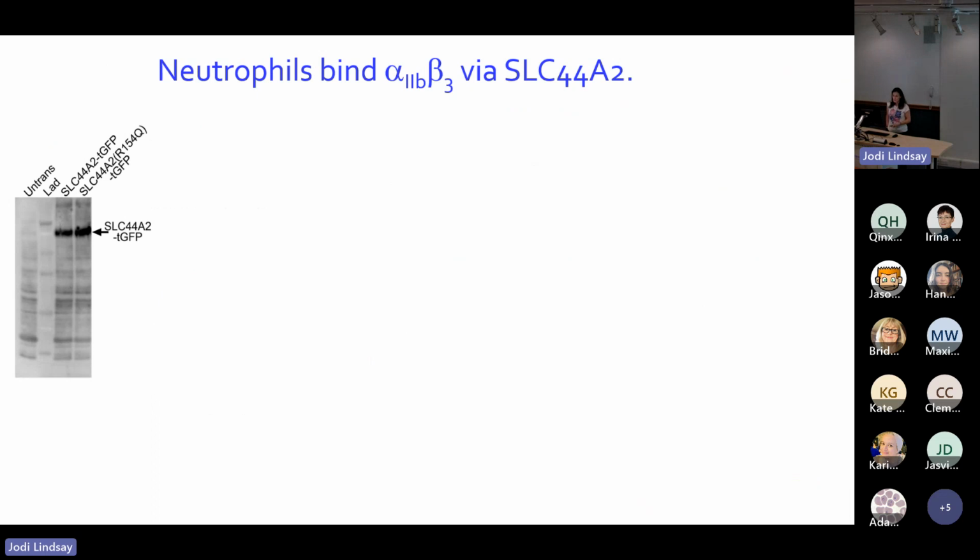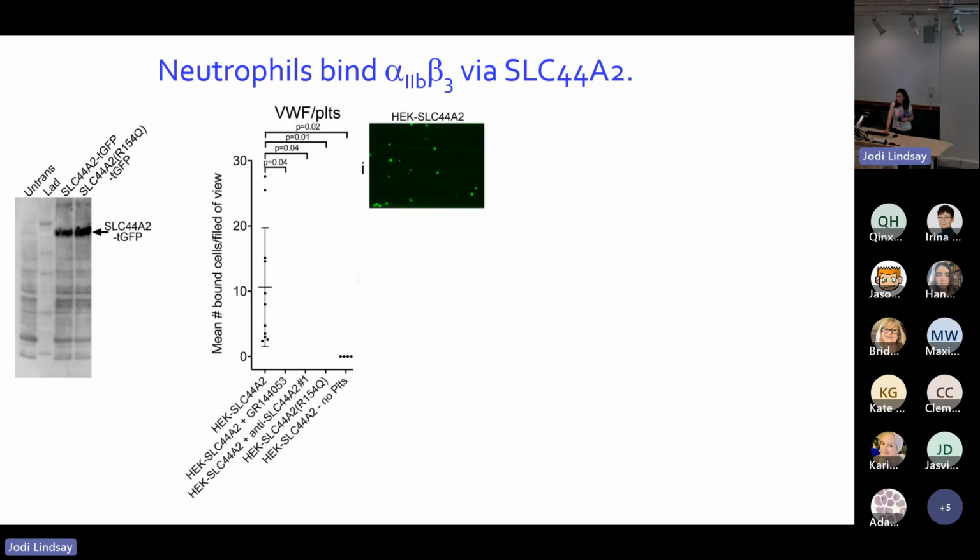So to confirm that SLC44A2 could be our receptor on the neutrophil, we took two different approaches. One, we transfected HEK293T cells with the wild-type SLC44A2 construct, fused with a GFP reporter, and we also transfected the cells with the R154Q mutant.